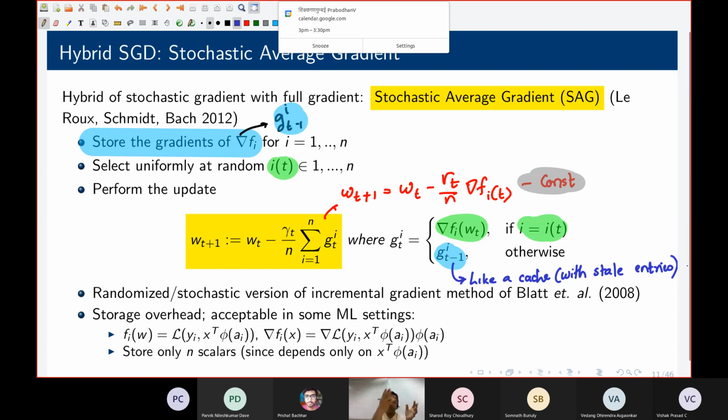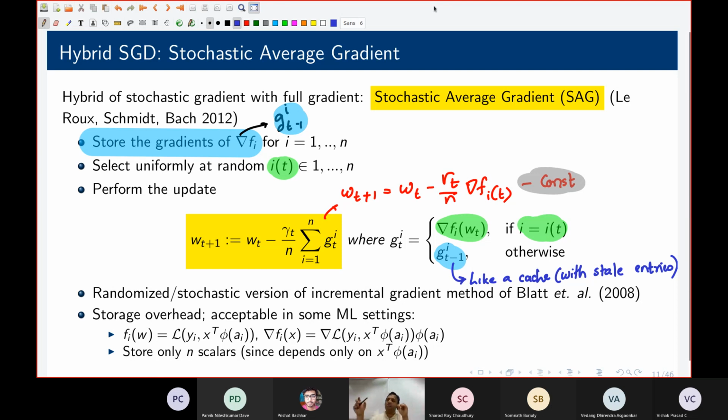The question was, if you are not going to compute all of these points very regularly, just using very old values, then wouldn't that staleness hurt more than help? That's the question, right? There are multiple tricks around this, and you'll see lots of follow-up works. This is the first initial idea. The staleness can hurt.